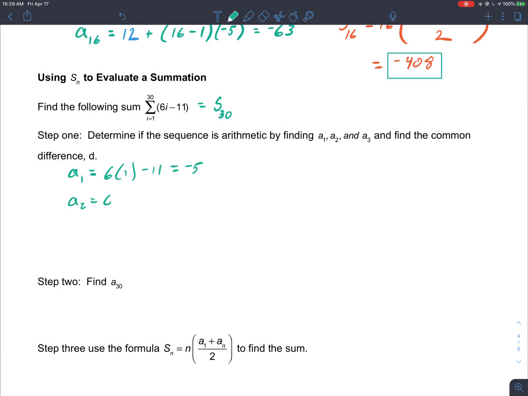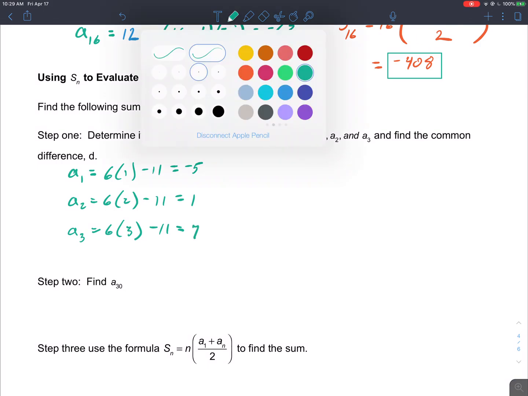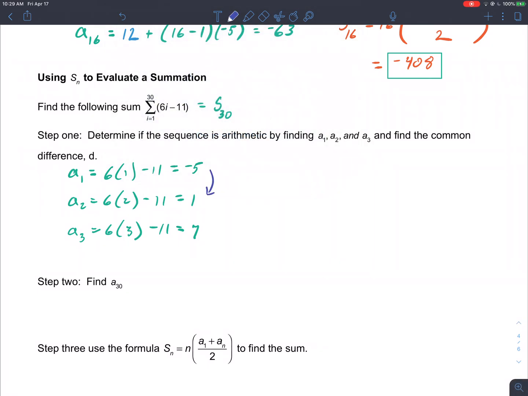The second term is 6 times 2 minus 11, which gives me positive 1. The third term is 6 times 3 minus 11, which gives me 7. If I kept going, I'm just adding 6 every time. So I'm confirming that this is in fact arithmetic and the common difference is 6.